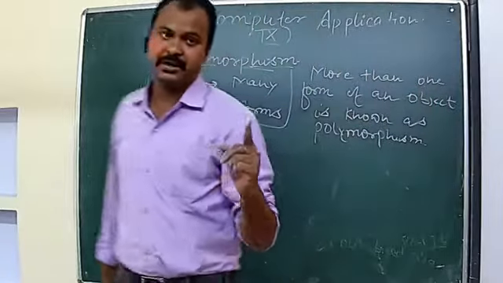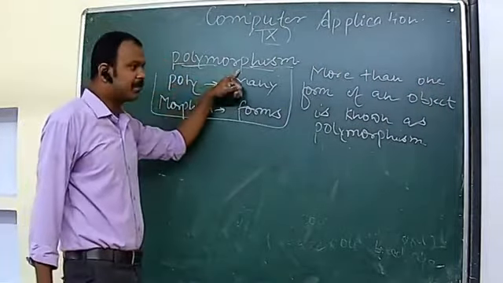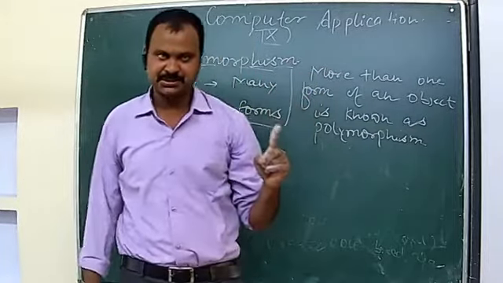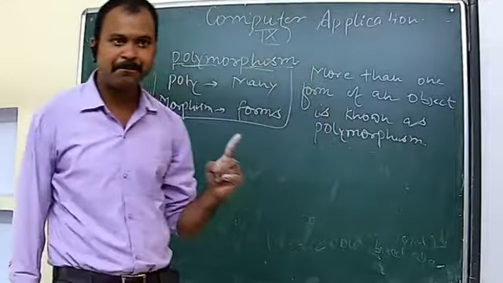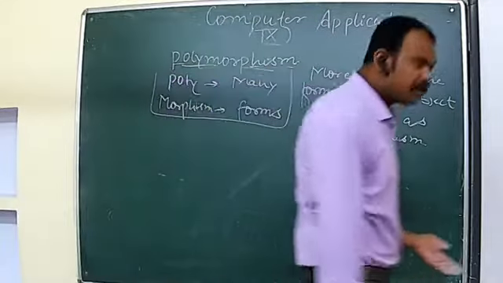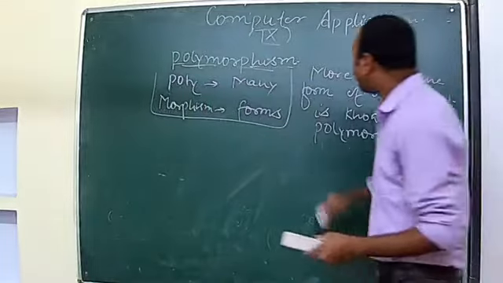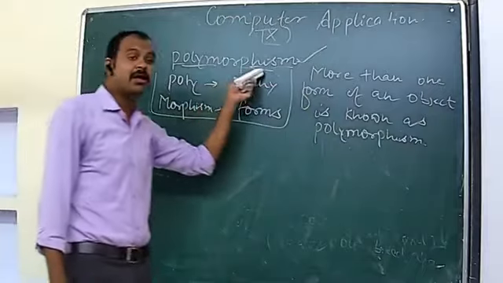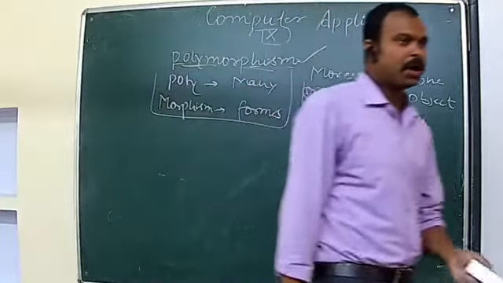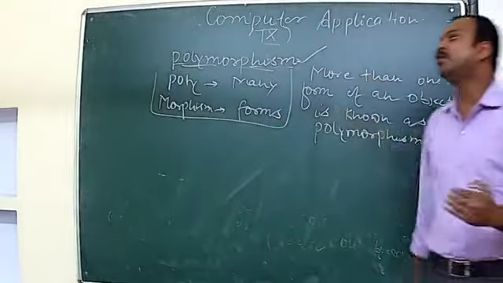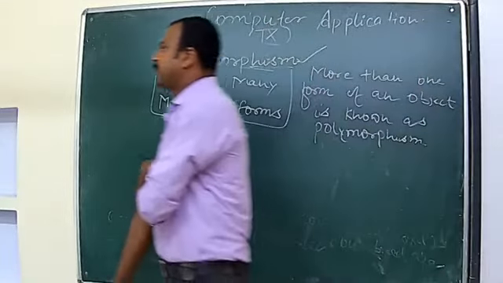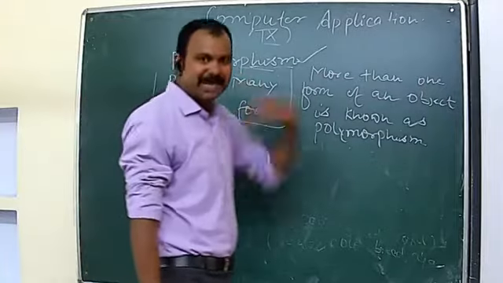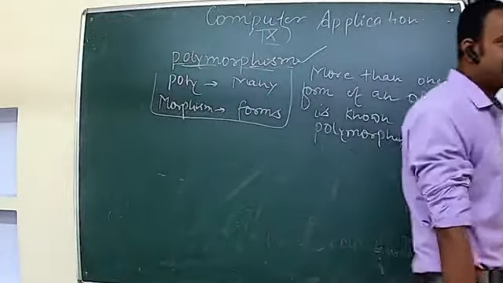So in polymorphism, one object can perform many tasks depending on the situation. And this polymorphism is a feature of object-oriented programming for reusability. The same object can be used multiple times in our program.